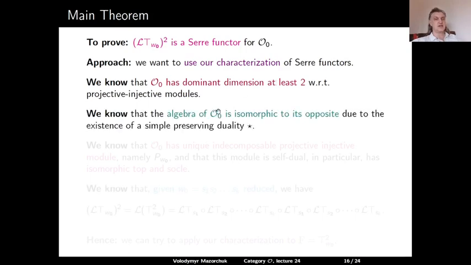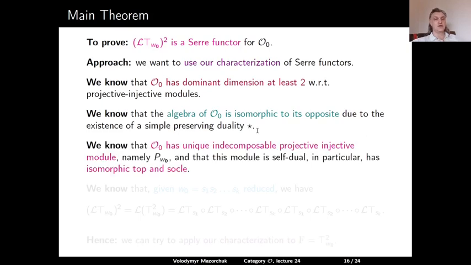And we know that the algebra of O0 is isomorphic to its opposite due to the existence of the simple preserving duality star. So we have this dominant dimension property both for A and for A op. We also know that O0 has a unique indecomposable projective injective module, namely P W0, and that this module is self-dual, in particular has isomorphic top and socle.